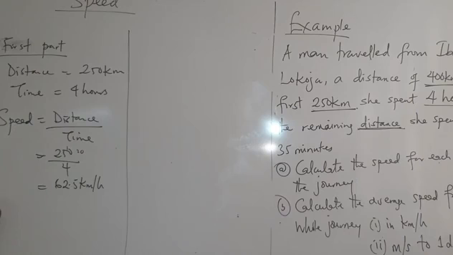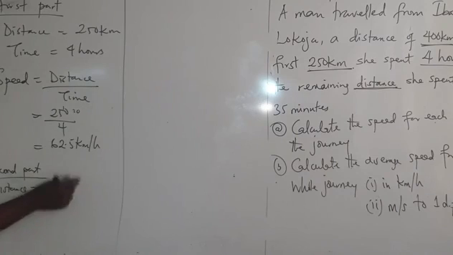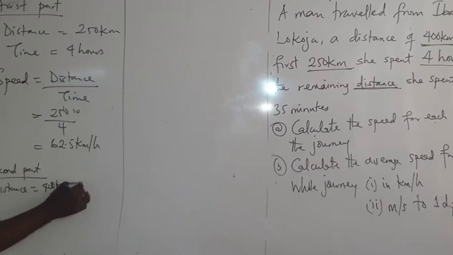So the second part of the journey. The distance is what? That is 400 kilometers minus 250 kilometers. So that gives us 150 what?